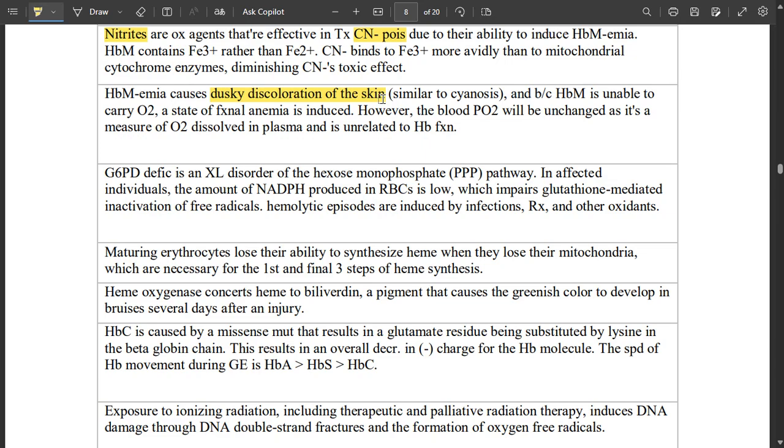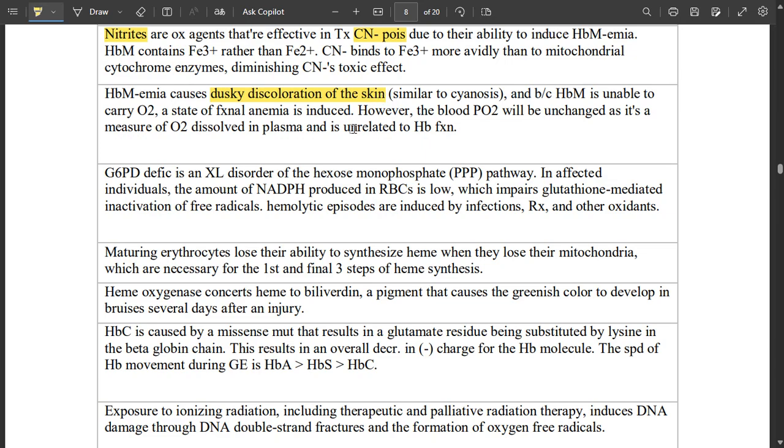However, the blood partial pressure of oxygen will be unchanged, as it's a measure of oxygen dissolved in plasma and is unrelated to hemoglobin function. So the partial pressure of oxygen means that part of oxygen is dissolved in the plasma itself.